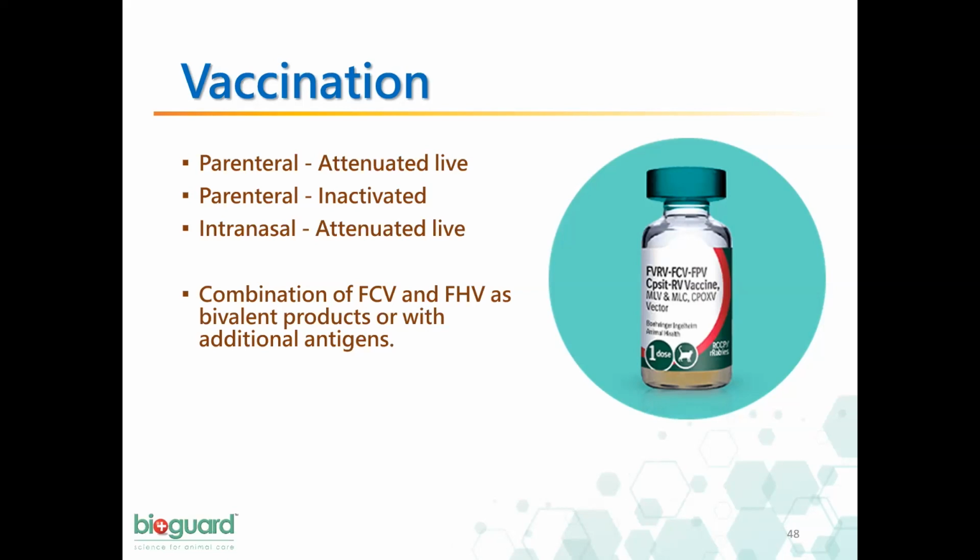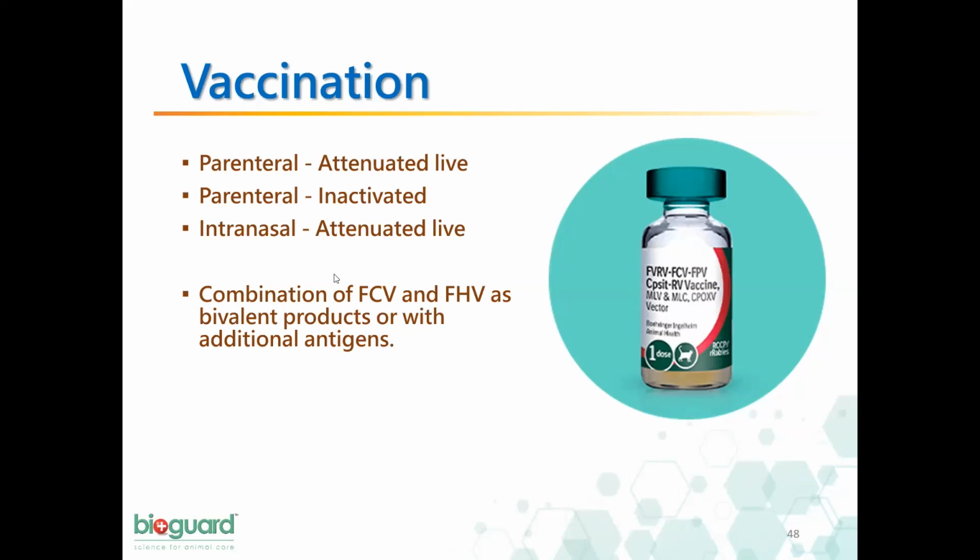So there are different kinds of vaccination programs present in the market, but the most common ones in cats are the attenuated live vaccines, inactivated vaccines, and also intranasal attenuated live vaccine.